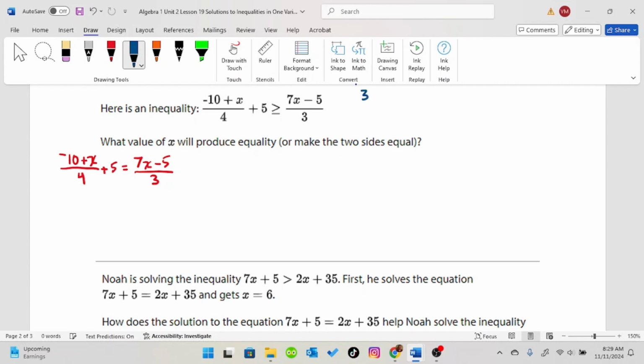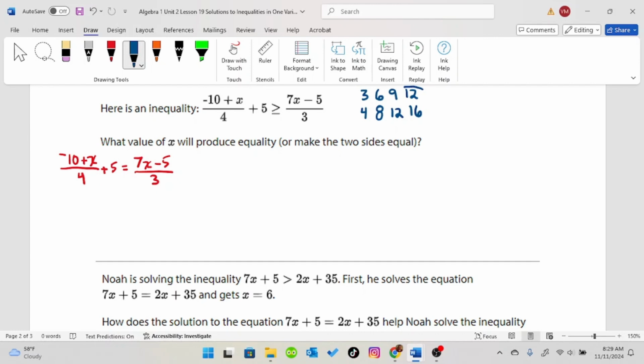So we have 3 and 4. Next we would have 6 and 8. Then we would have 9 and 12 and 12 and 16.